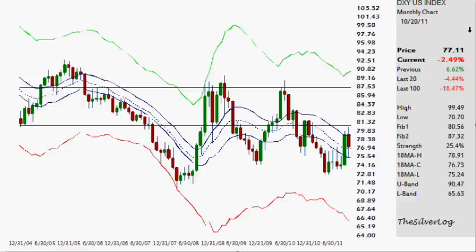Now let's take a look at this dollar index, and it's the monthly chart. And I've been stating for what seems now but a year and a half what an 80 resistance level would look like within this. I'm not showing you the longer term chart before 2004, but this does give us a good idea.